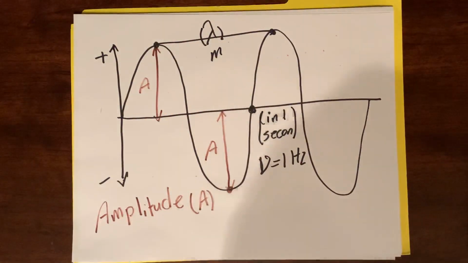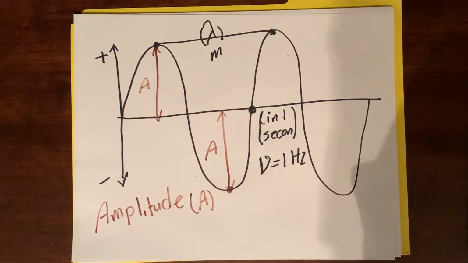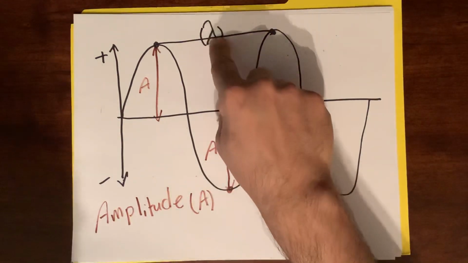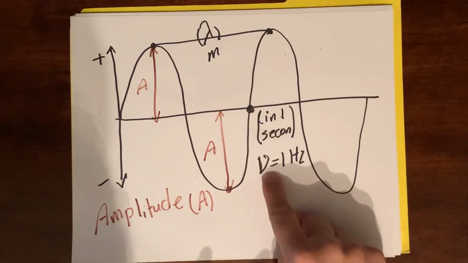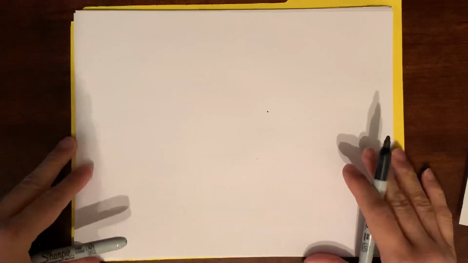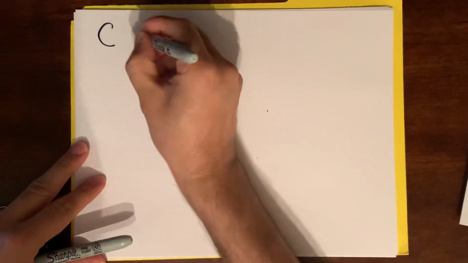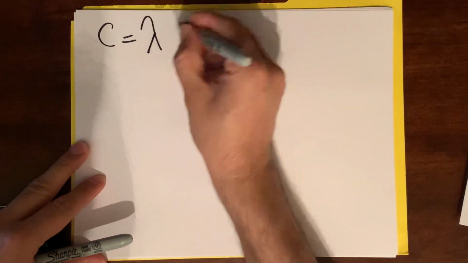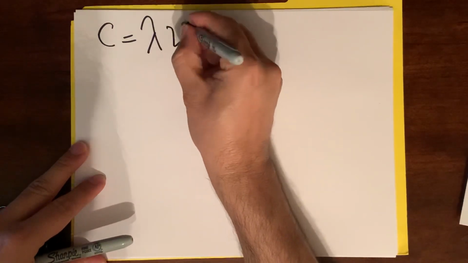And amplitude is talking about intensity. So we have wavelength, frequency, and amplitude. Next subject that we reviewed last time, we have this formula, C equal to lambda multiply frequency.